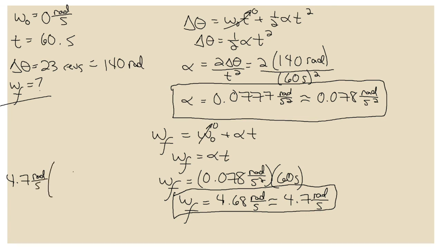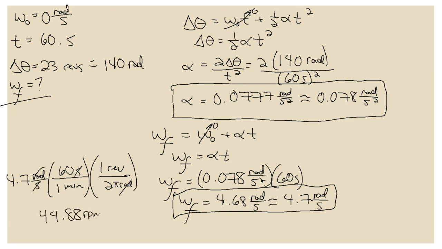We multiply this thing here by 60 seconds over 1 minute to make the seconds cancel. Then we multiply here by 1 rev over 2 pi radians to make the radians cancel. And we're left over with revolutions per minute. And when you do that, you get 44.88 revolutions per minute. And so we'll call our omega final 45 revolutions per minute.